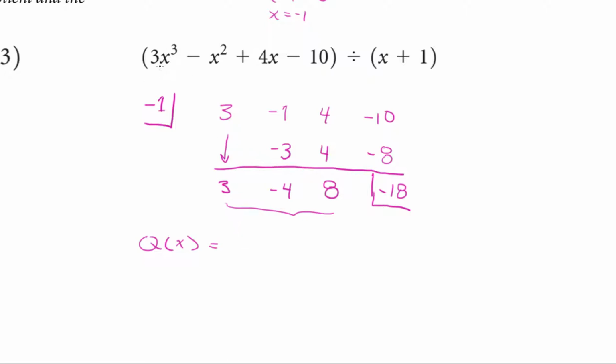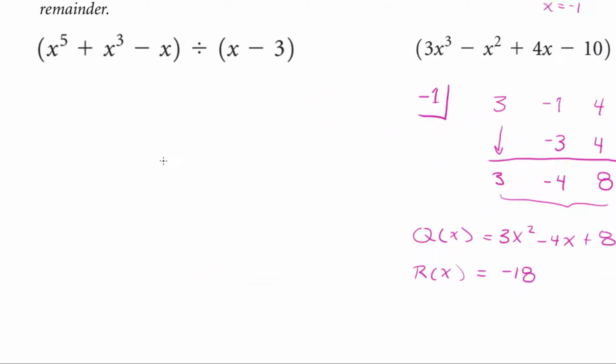So if we started with x cubed, then this is going to be x squared. So the quotient here is 3x squared minus 4x plus 8. And then what's inside the box is r of x, which is your remainder. Okay? And that will be your division.